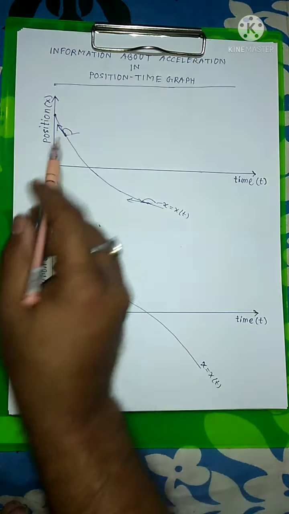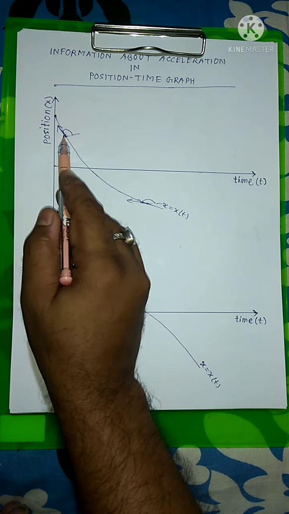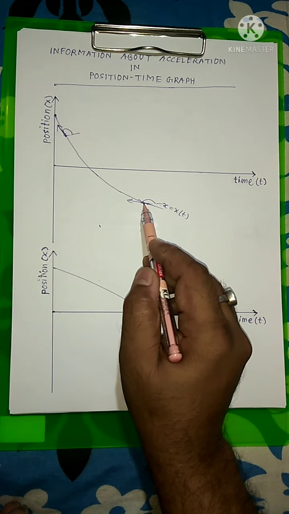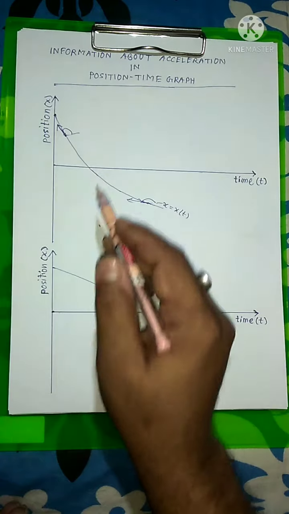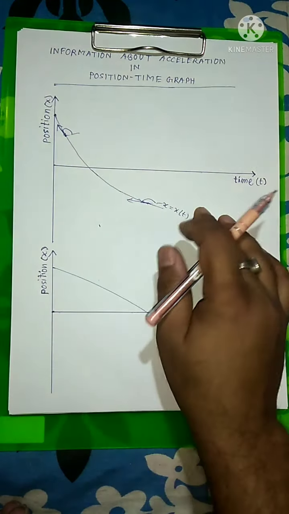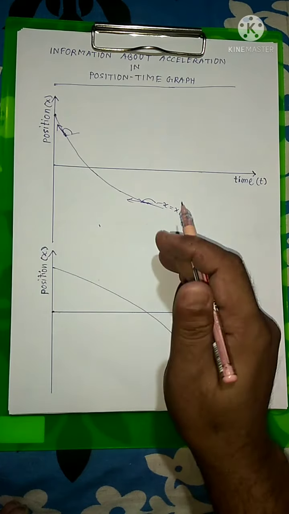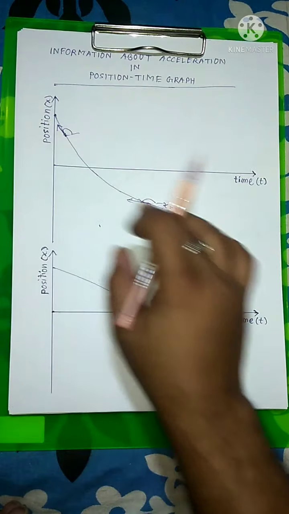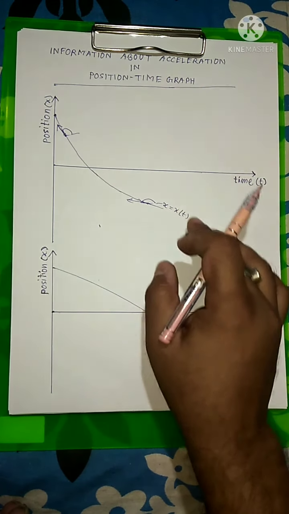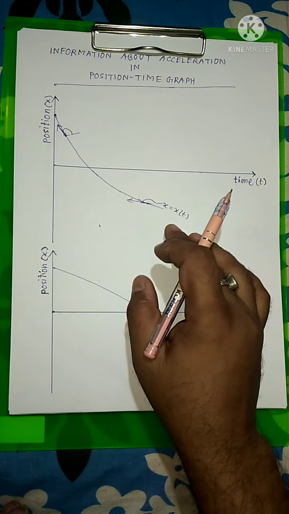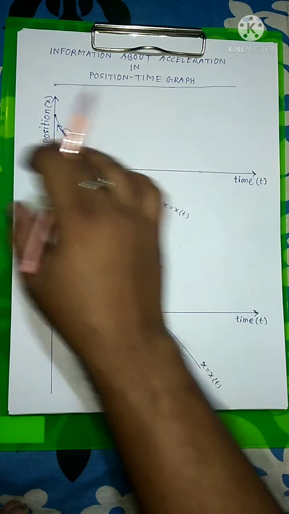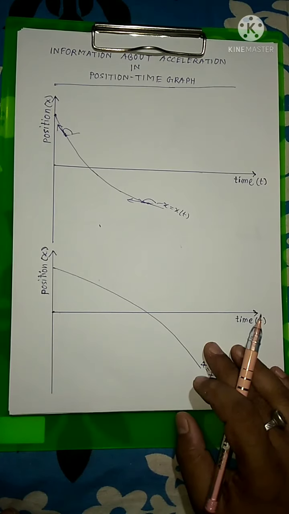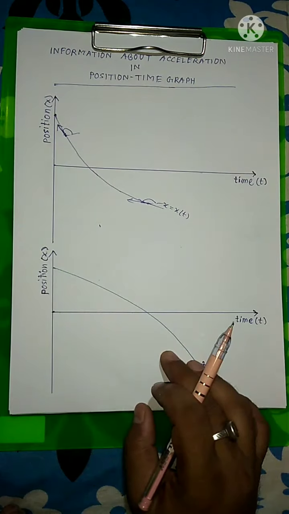However, the tangent here is steeper than the tangent here. So, we can say that the tangent becomes flatter as the time advances. So, the magnitude of the velocity decreases according to this curve, though the velocity increases in the positive direction. Hence, we can say that the acceleration according to this curve in the position time graph is positive.